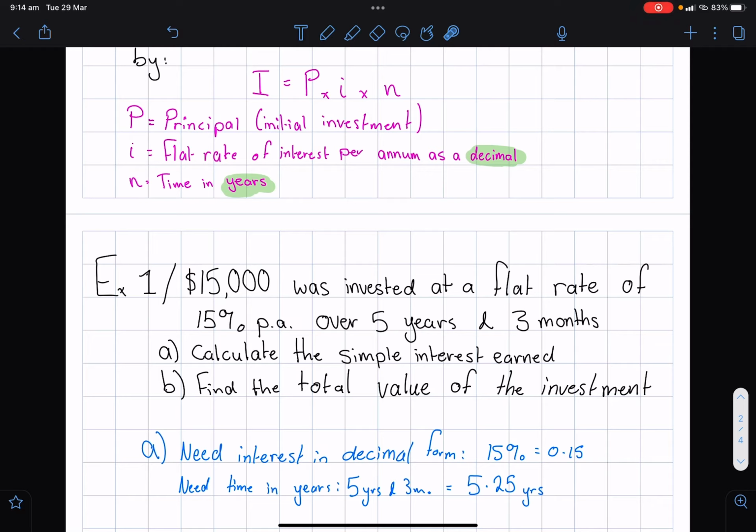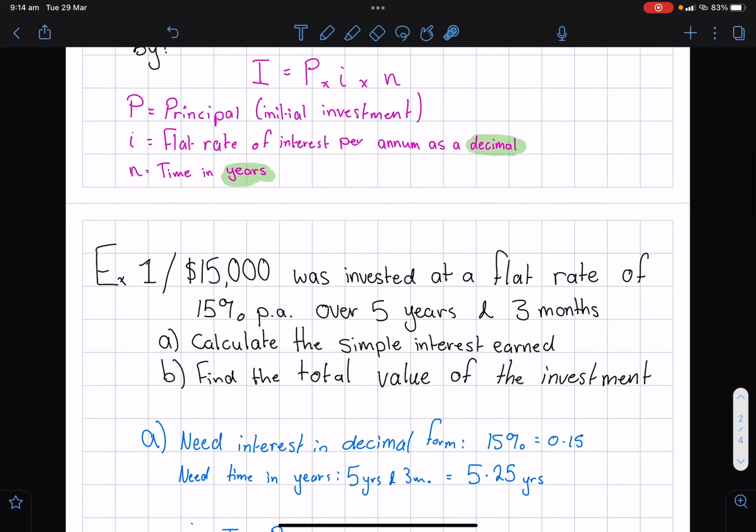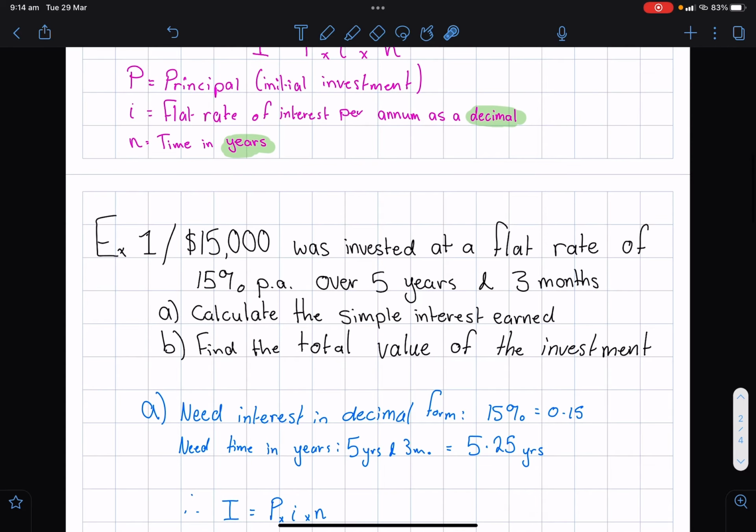We want to put that into just years. So 5 years and 3 months. 3 months is 1/4 of a year, so that's 5.25 years. Now, if you get, say, 5 months, then go onto your calculator, do 5 divided by 12 to get that decimal, and then add it to the total years.